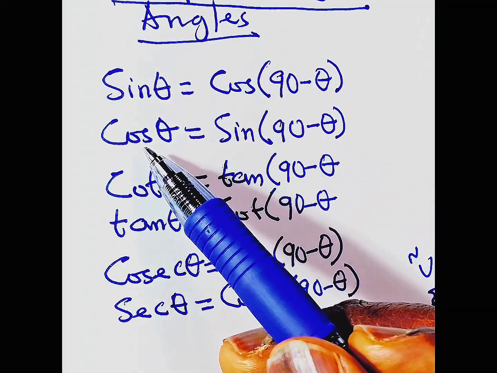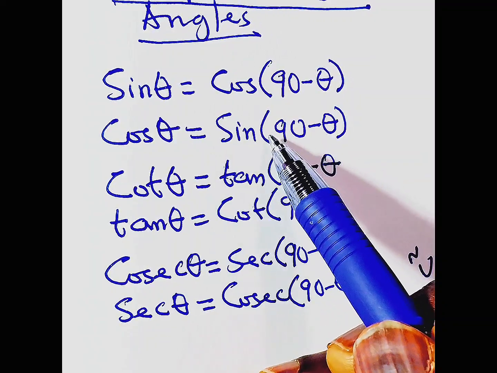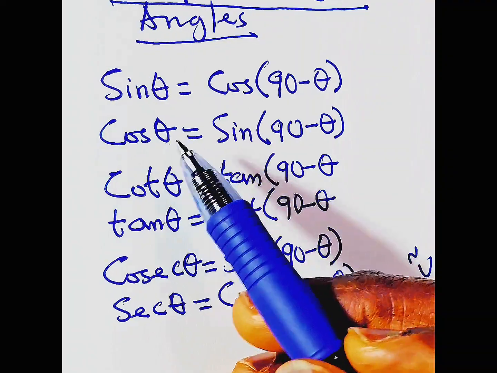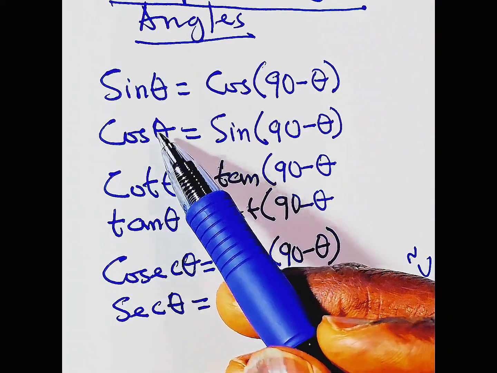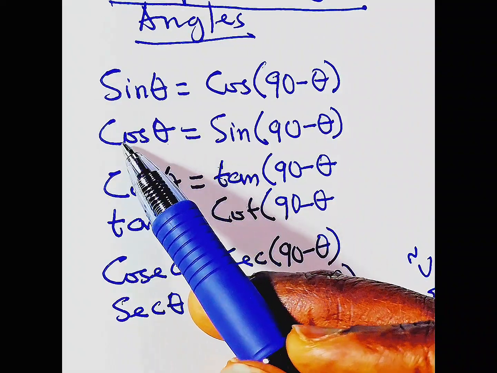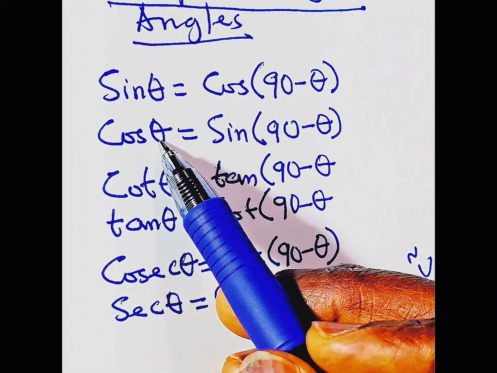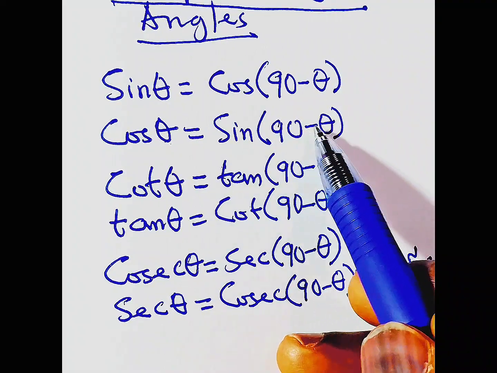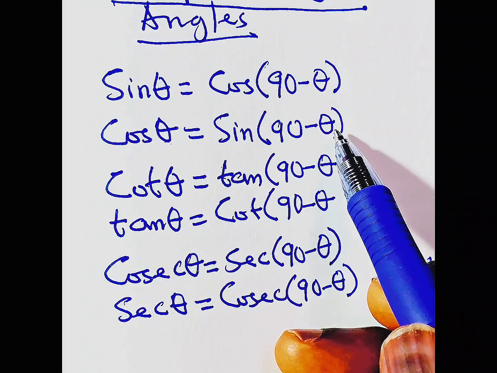If you put theta as 30, then cos 30 is going to give you root 3 over 2. If you put sin of 90 minus 30, that's sin 60, and that one is also going to give you root 3 over 2.